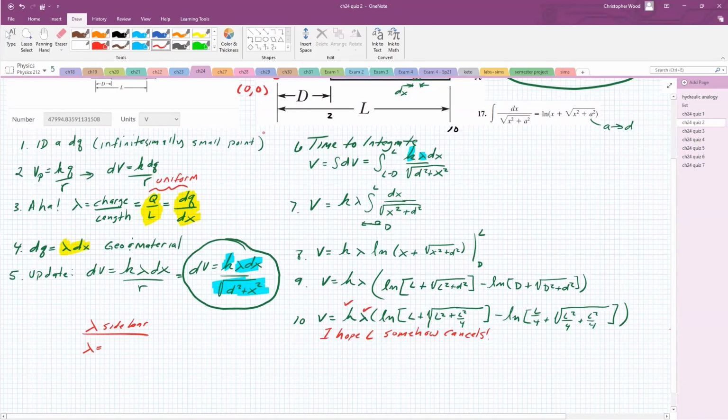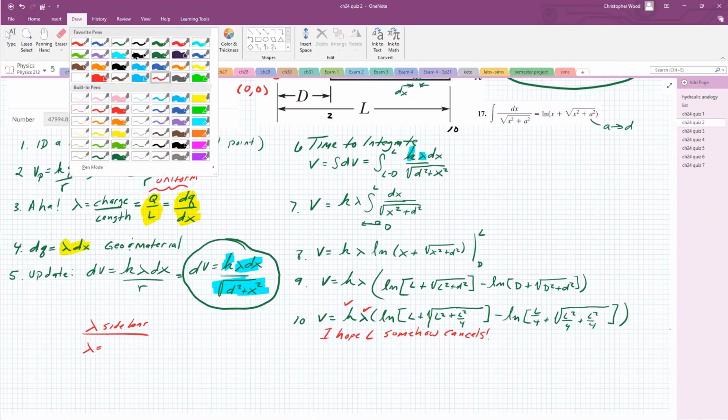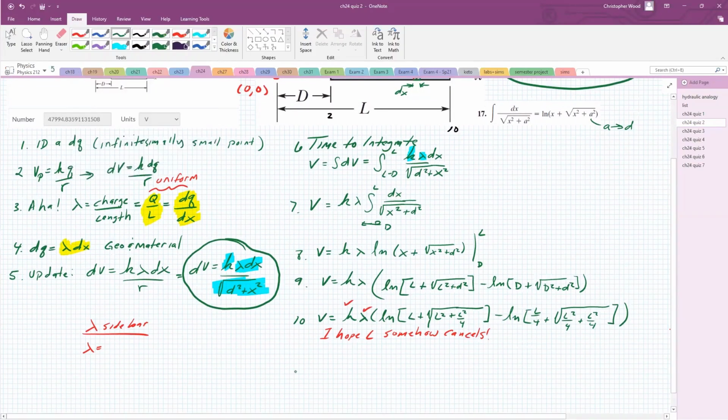So maybe the last thing I'll do before I let you guys take over on the algebra, I'm going to remember log properties. The voltage at that point is going to be K lambda natural log of, this would be my numerator, L plus square root L squared plus L squared over 4.